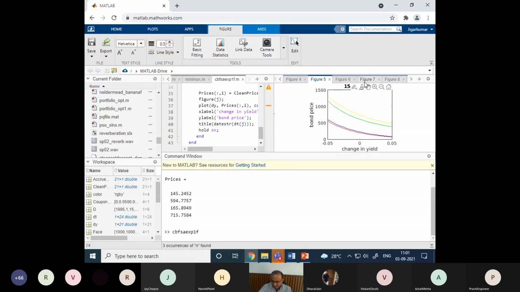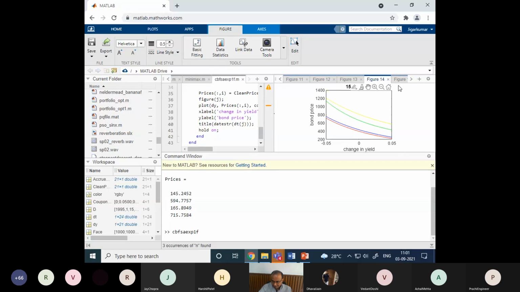See, the evaluation date is now changing to 1999, then 2000. Figure 7, again there is a parallel shift, 2008, 2009, sorry, it is 2003, then 2004, 5, 6, there is a parallel shift.